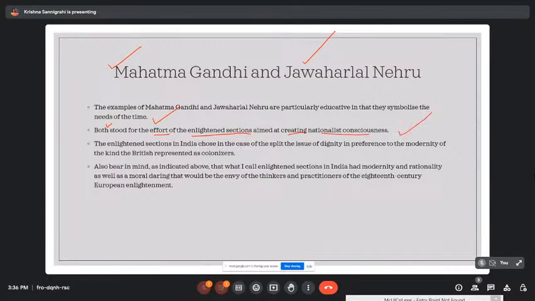The enlightened sections in India chose, in the case of the split, the issue of dignity in preference to the modernity of the kind the British represented as colonizers. And the enlightened sections in India had modernity and rationality as well as moral daring that would be the envy of the thinkers and practitioners of the 18th century European Enlightenment.